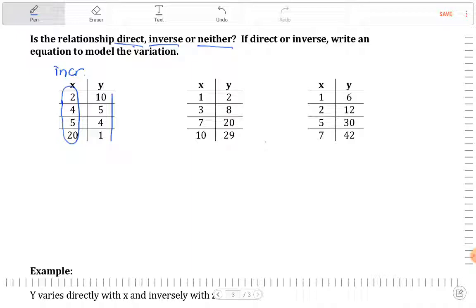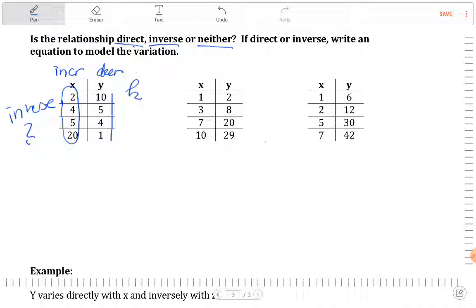And then you check your y. My y's in this case are decreasing. So if one is increasing and one is decreasing, I'm quick to say, oh yeah, this is an inverse variation. But I actually don't know this yet. I have to prove this variation to make sure that all the relationship between x and y follow the constant k.